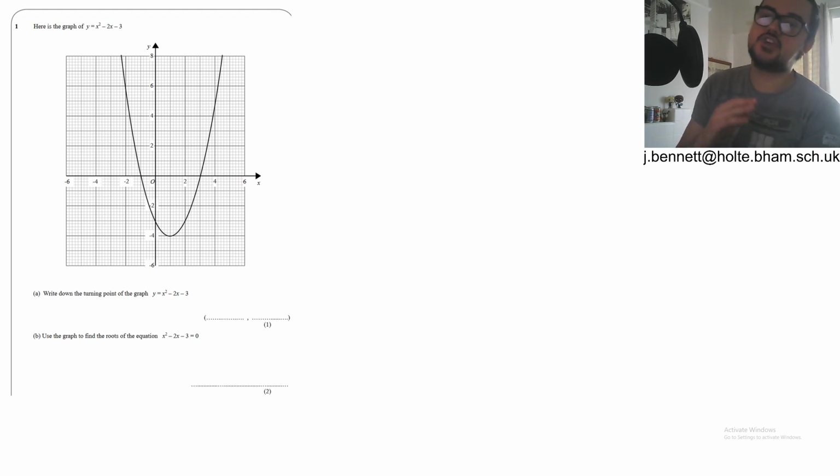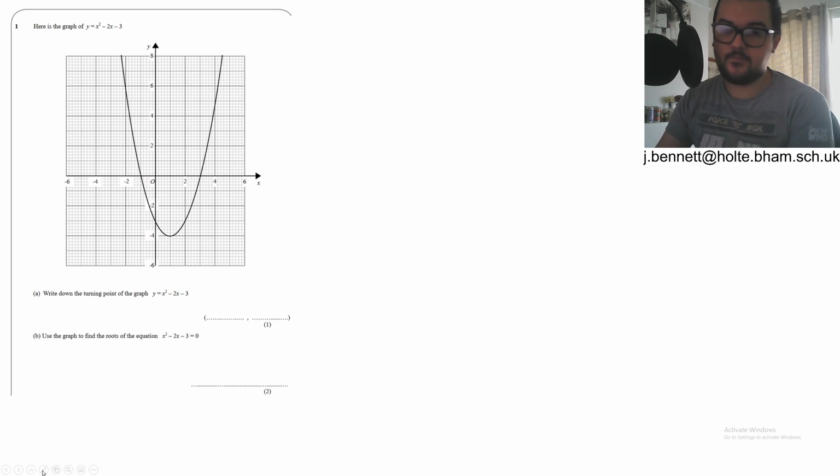Okay, so the turning point is where the graph... So if I get the pen out... Is the pen going to work? There's the pen. Right, so as you see here, the graph is going down. So as the x value becomes bigger, the y value is getting smaller. But then it stops doing that here.